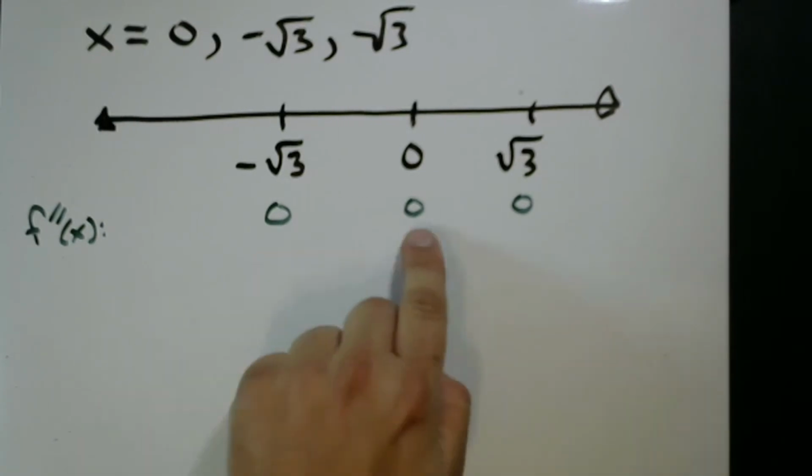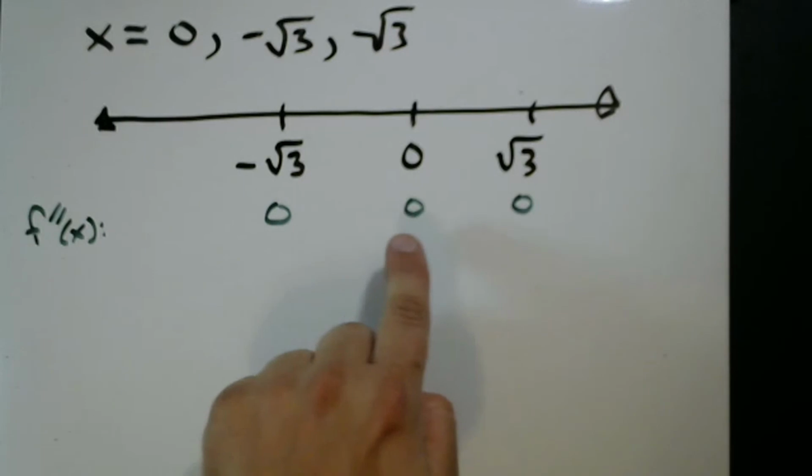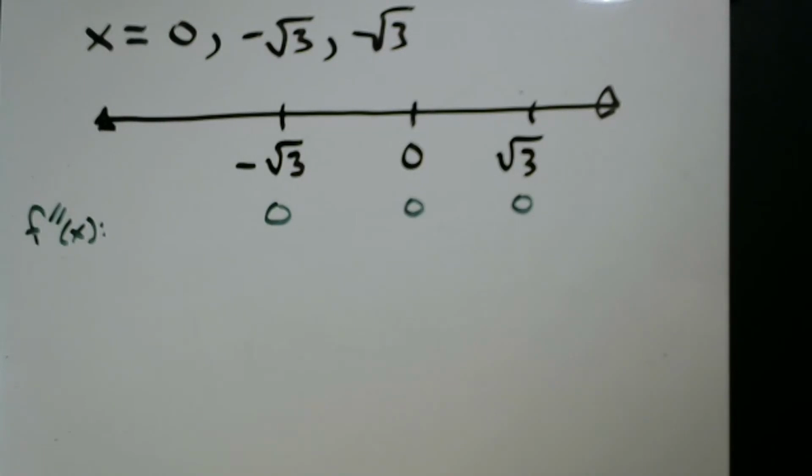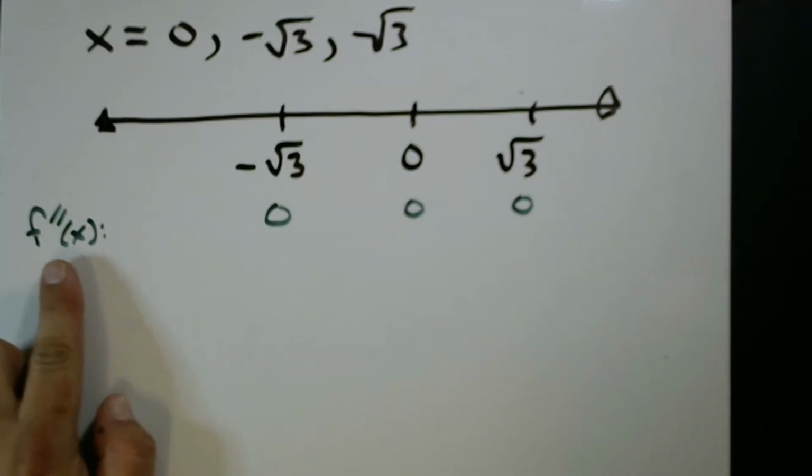Now, these are the only locations where the second derivative is equal to 0. And the second derivative was also a continuous function. There were no places for vertical asymptotes like divisions by 0. This was not a piecewise function. There's not going to be any jumps or gaps. So this is a smooth curve.